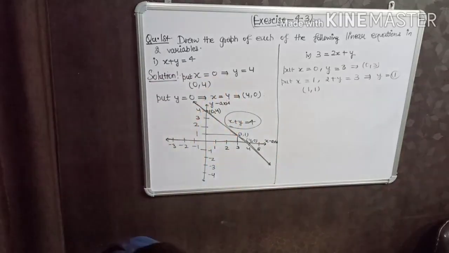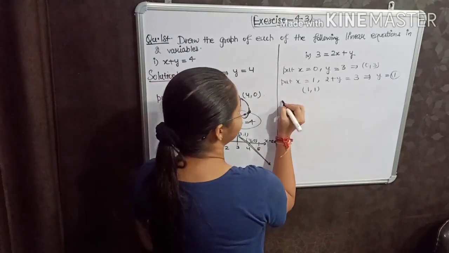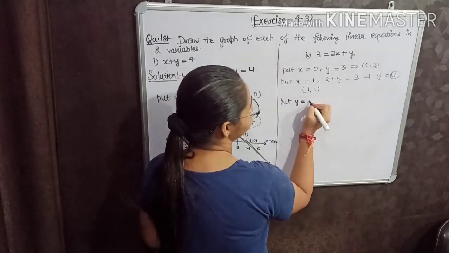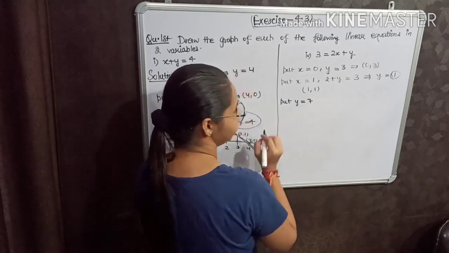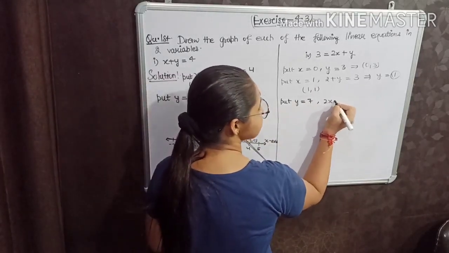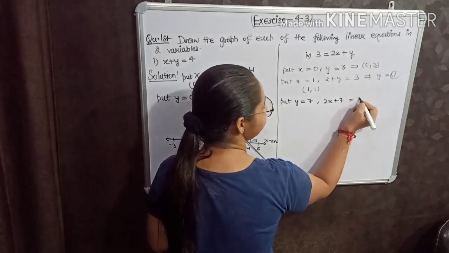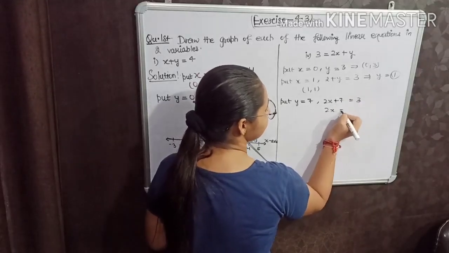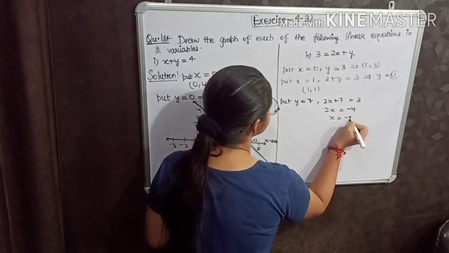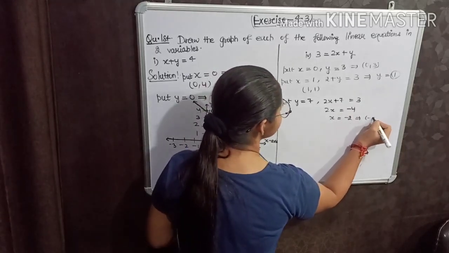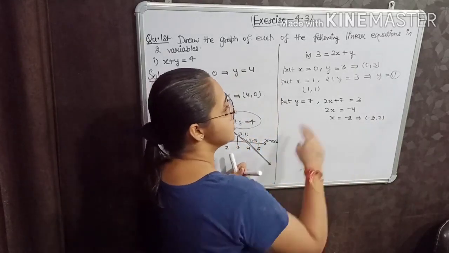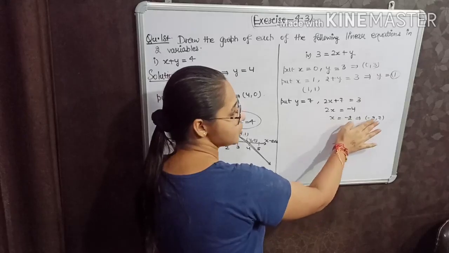Now for another point, put y is equal to 7. If I put y is equal to 7, then 2x plus 7 is equal to 3. So 2x is equal to 3 minus 7, that is -4, and x is equal to -2. It implies -2, 7 is also a solution. So we have three solutions: 0, 3; 1, 1; and -2, 7.